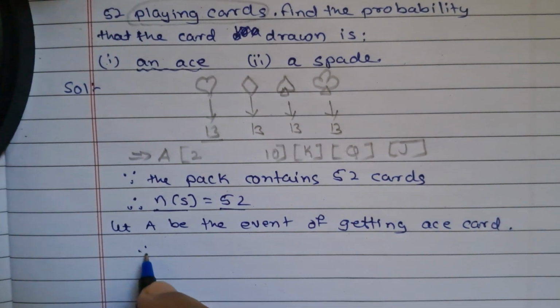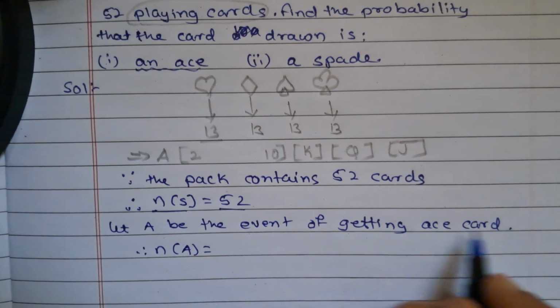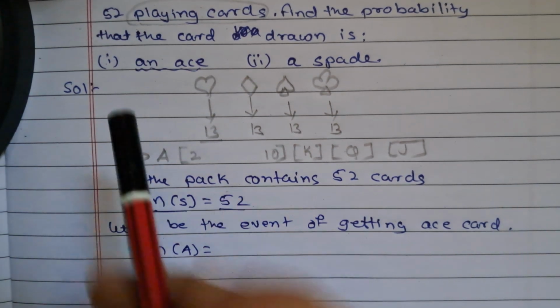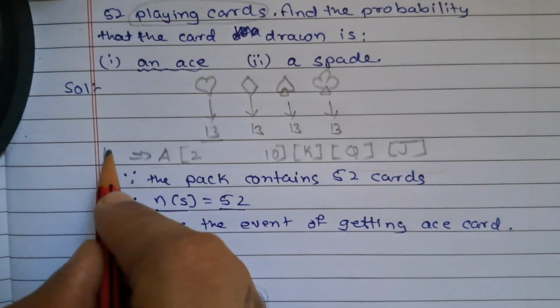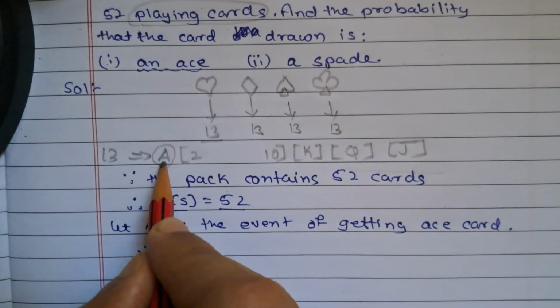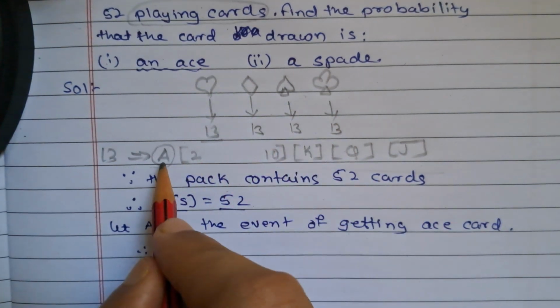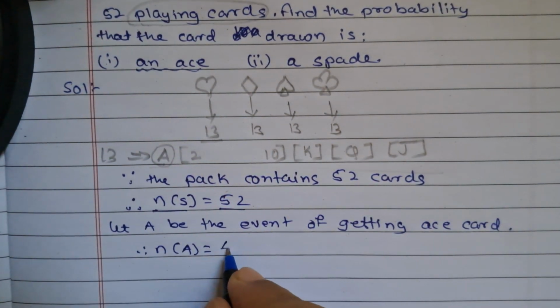Means what? Therefore n of A, let's give it a thought. A contains how many such ace cards? As I said, ace is one of the cards in this list of 13 cards. So all these categories will have 13 cards. Ace will be inside all of them. That means we will have 4 such ace cards, isn't it? So this answer will be 4.